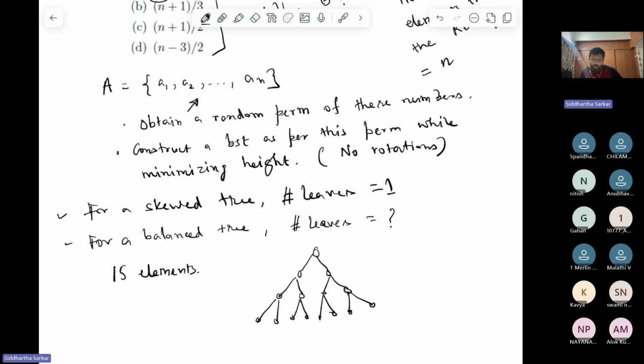The number of leaves depends on height. So for 15 elements, you can see that there are 8 leaves.